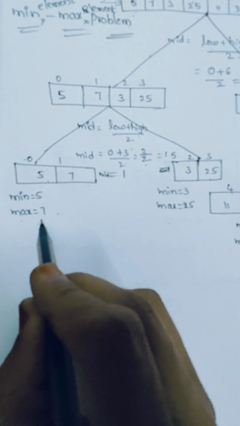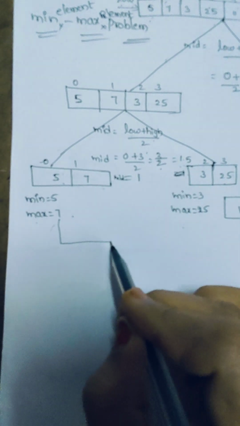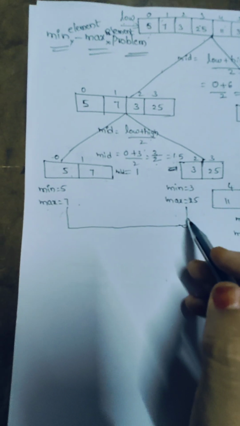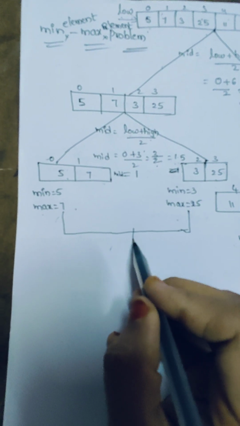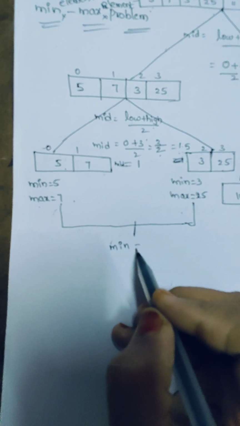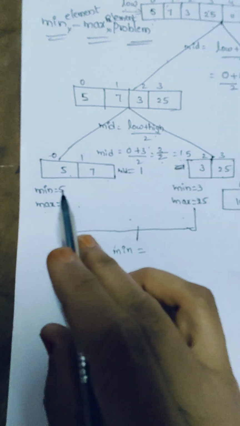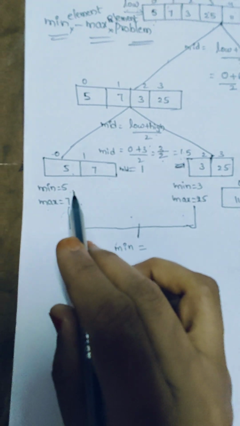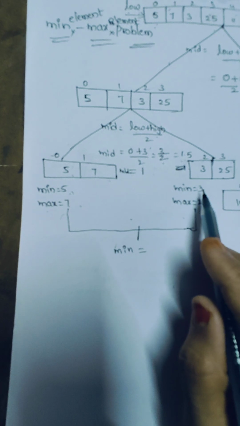Now we need to combine. So here the third process comes. We need to combine the two subarrays. While combining these two, find out the minimum element in these two arrays. We compare the left subarray, whose minimum element is 5, and the right subarray, whose minimum element is 3.